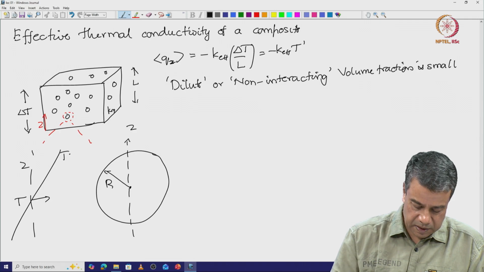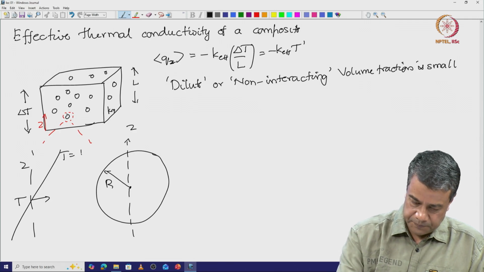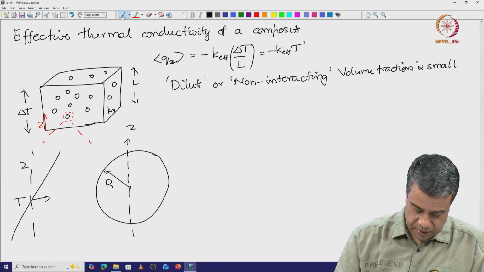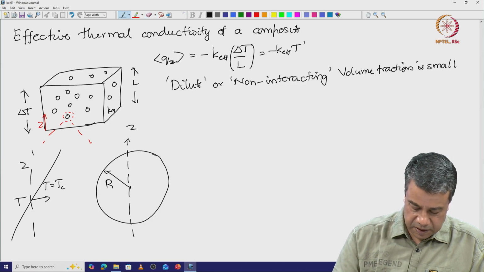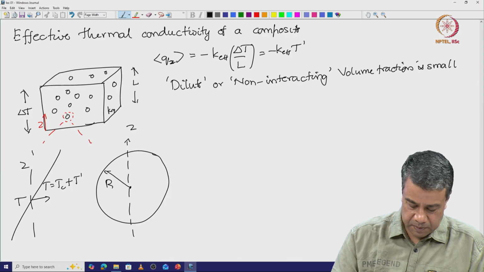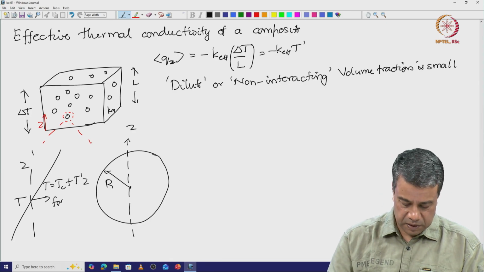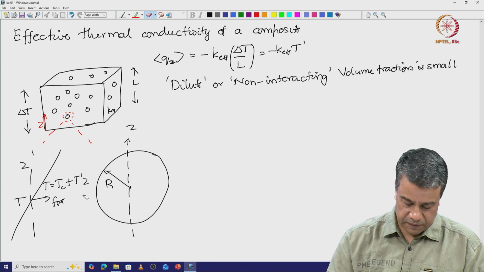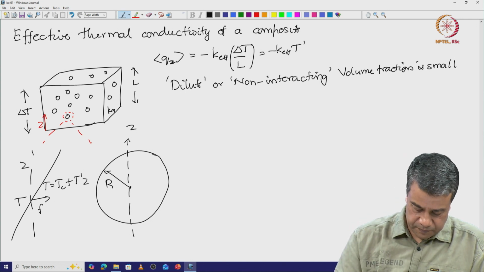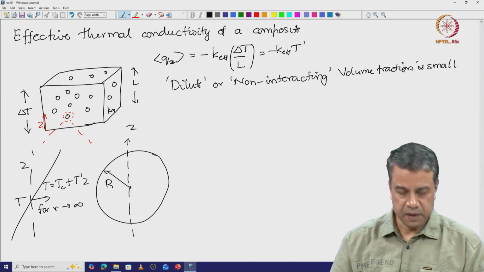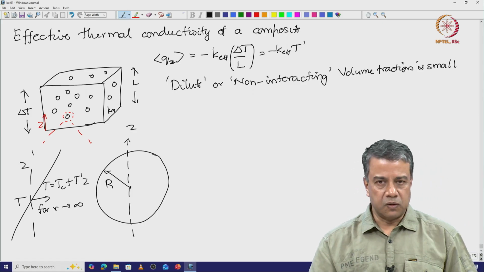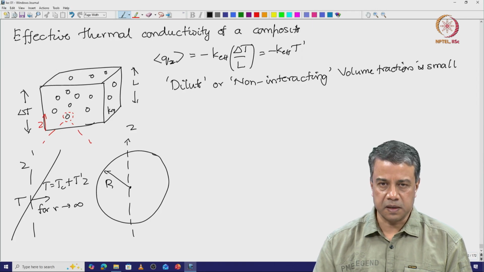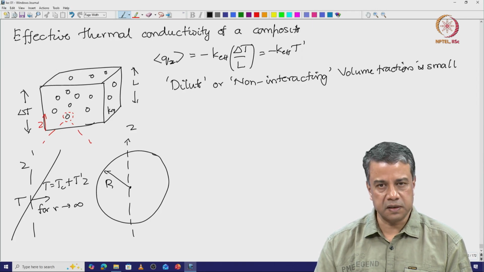So, T can be written as the temperature of the center of the particle plus T prime times z, for r going to infinity. When you go a large distance away from the particle, there is a linear temperature gradient. As you come closer to the particle, there is this disturbance, which is what we are trying to calculate.